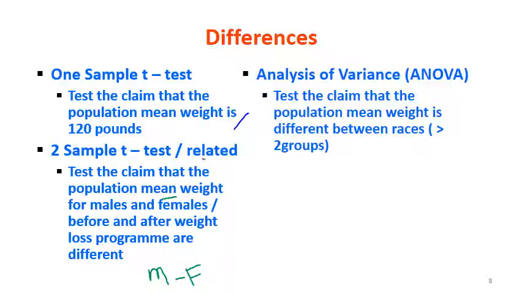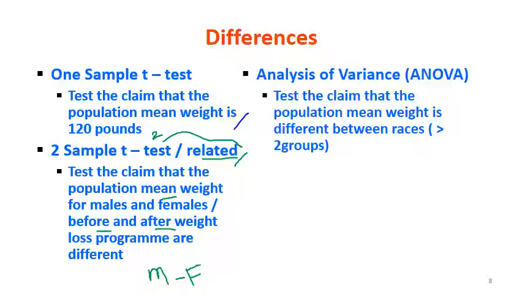Then there are also the related samples, where we want to test for before and after cases. The difference between the related and the two sample t-test is that in the two sample t-test, we have two samples that are independent, whereas for related samples, it really depends on the unit of analysis.